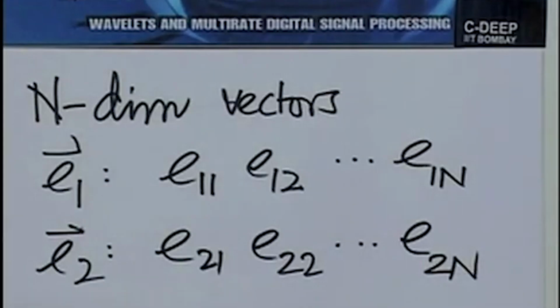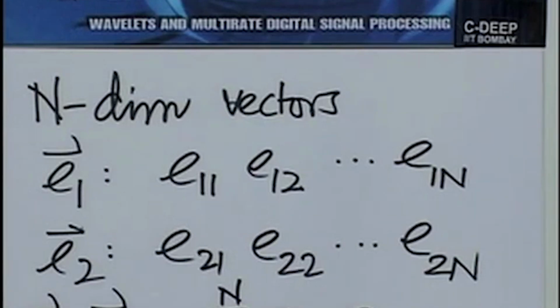Then of course, E1 dot E2 is easy to express if we generalize this. It is essentially summation k from 1 to n E1k times E2k. So, dot product generalized to n dimensions. Of course, we assume these are orthogonal coordinates.